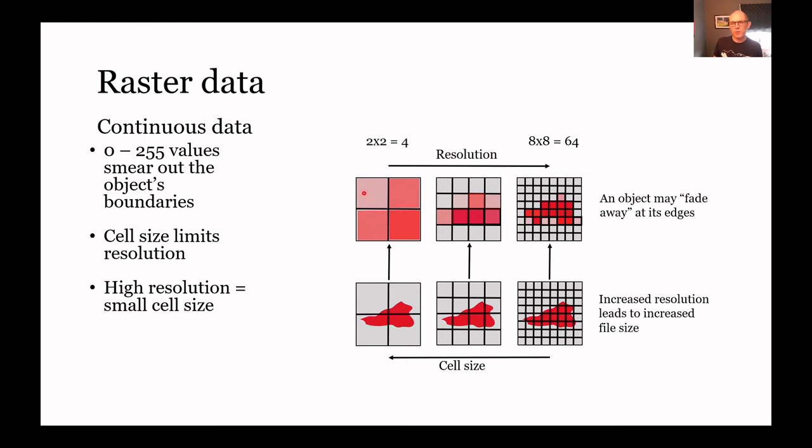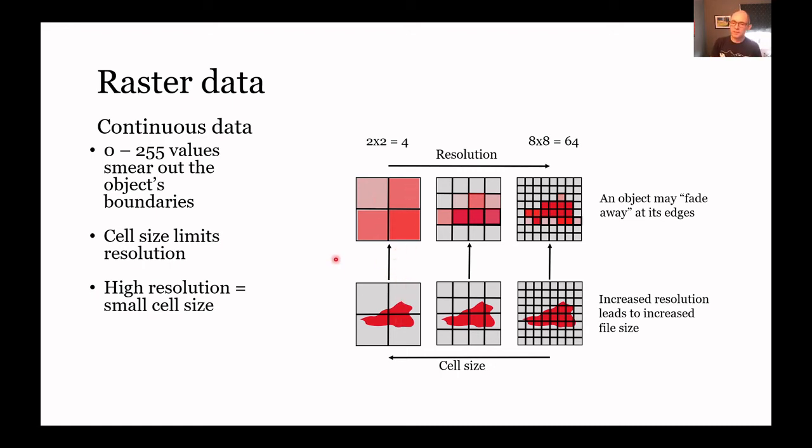We can see that it's mostly grey, but there's a tinge of red coming from that. In terms of remote sensing, there are other things that might cause that, but let's just not think about those for now. That's just the proportion of that that's in that cell.